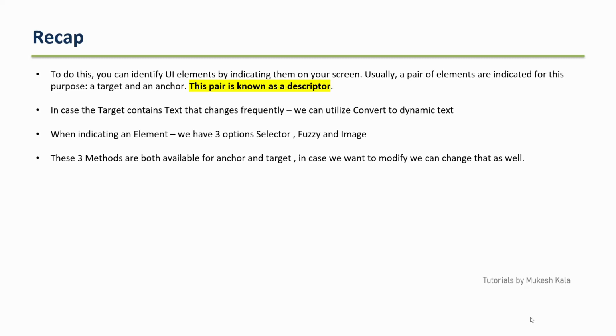Also, we have seen that if our target contains text that changes frequently, we can utilize a feature which is called convert to dynamic text, and that comes very handy. Today, we have also explored how different is the experience when it comes to the classic versus the modern design. And we have seen how easy it is to work with the modern experience with very less amount of coding, right? The three methods which we talked about, selector, fuzzy and image, are applicable both to the target as well as the anchor.